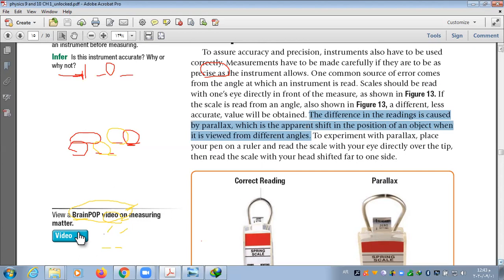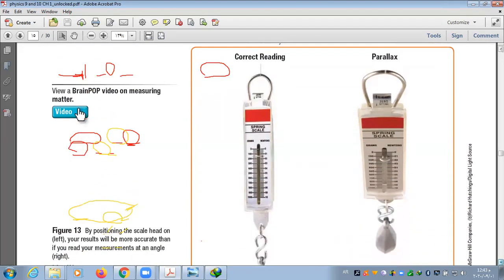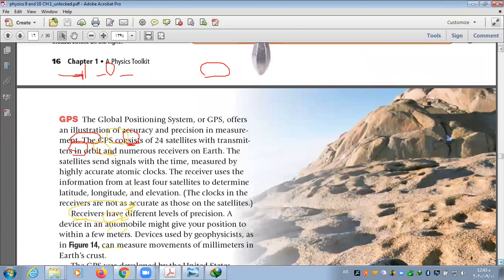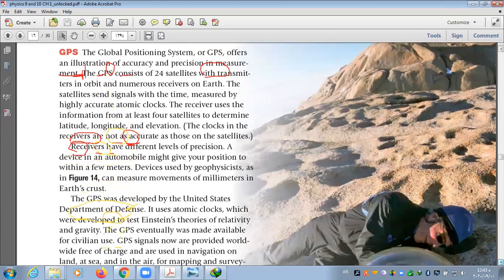If you remember, I told you if you want to measure anything, it must be at the height of your sight, in front of your eyes, directly at 90 degrees, not 70, 80, or 45. Don't read from far away, from right or left, or from up or down. You must direct your sight to the reading you are trying to read, because if you use different angles, you will get a different reading every time.